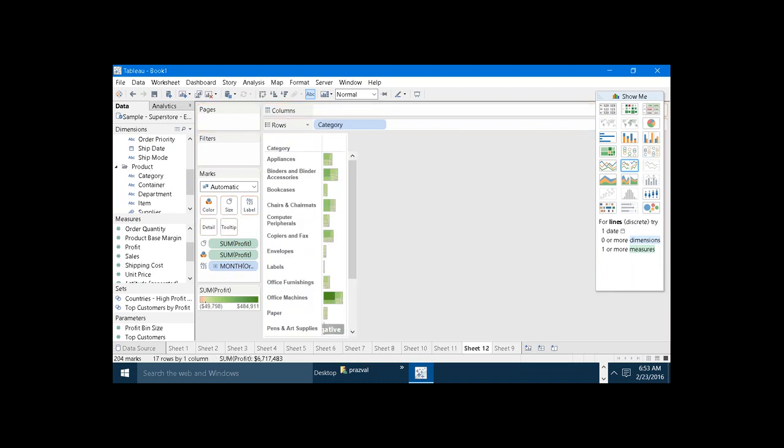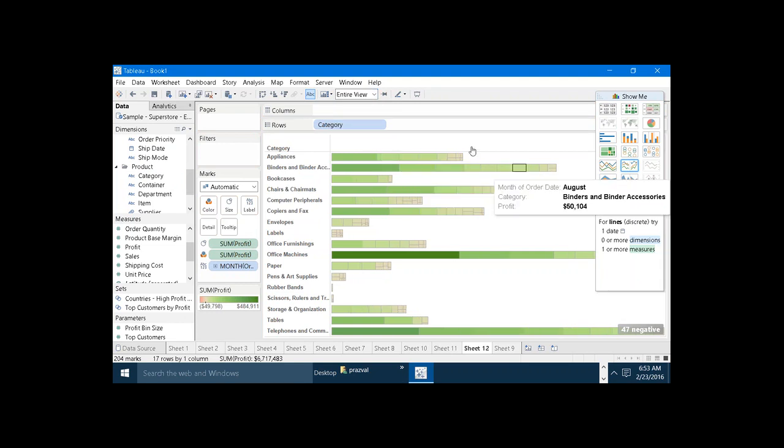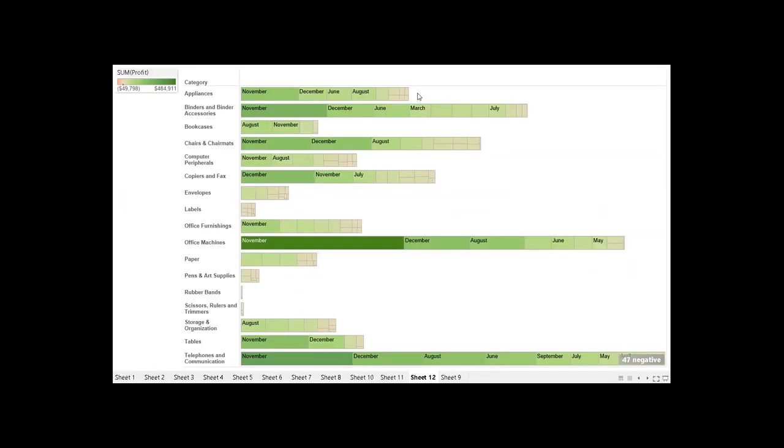I'm taking the category and dropping it on rows. So for every category I'm showing the month-wise profits. Let me extend this and click on the entire view, and then the presentation mode. So here we are showing the category-wise, month-wise profit information.